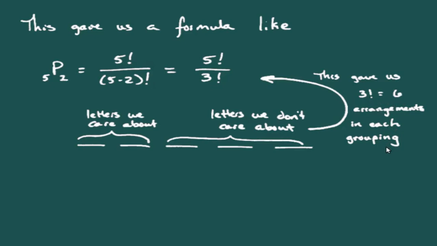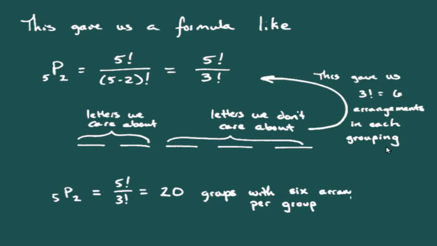That gave us the number of things in our groups. If we take the total number of things divided by the number of things in a group, that tells us how many groups we actually had. So 5 permutation 2 gives us 5 factorial over 3 factorial, or just 20 groups with 6 arrangements in each particular group.